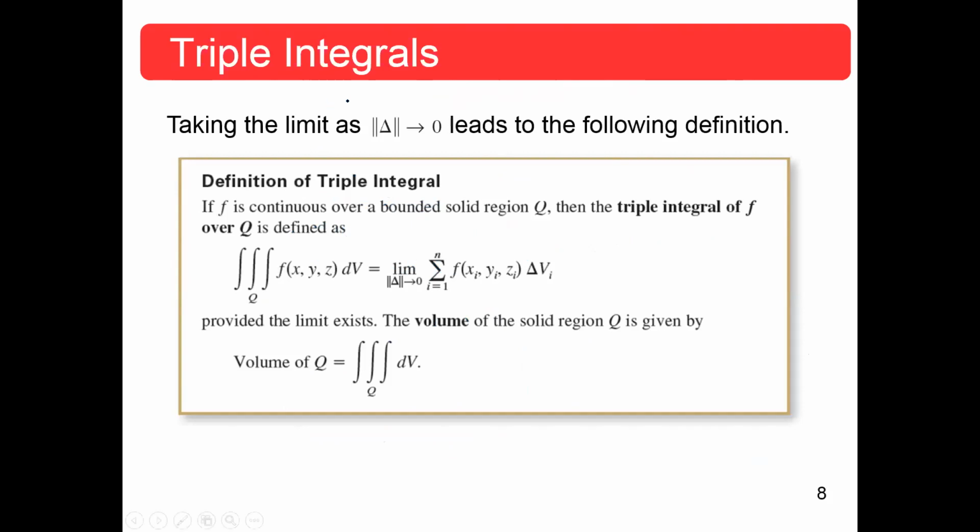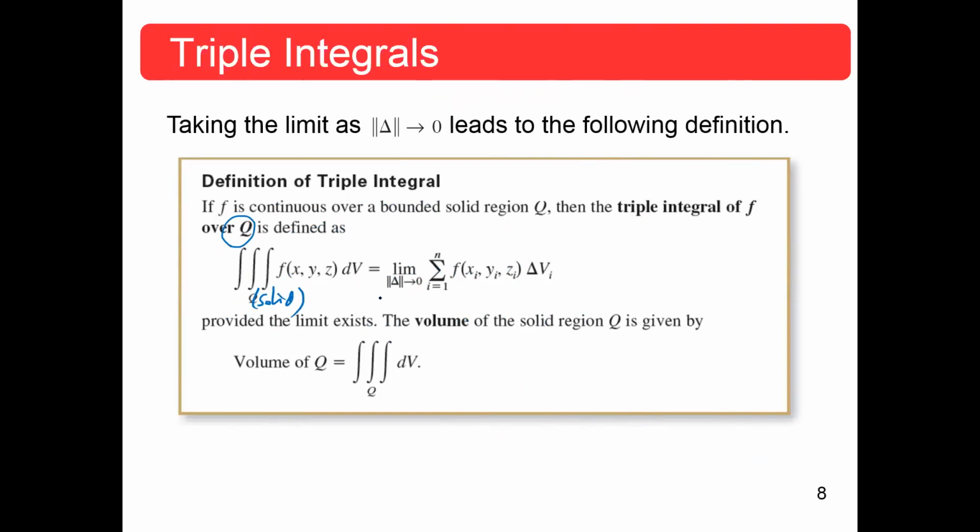Therefore, we have the formal definition for triple integral. If function f is continuous over a bounded solid region Q, then the triple integral of function f over the solid region Q is defined as the triple integral of f(x, y, z) dV equals the limit as the magnitude of the partition goes to 0 of the summation of the function value times delta V. We get this triple integral if the limit exists.